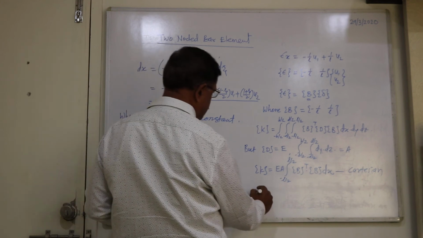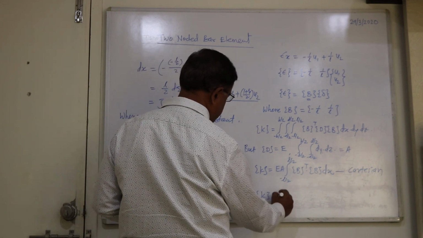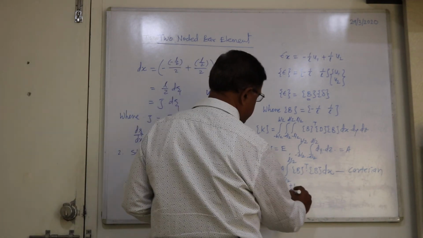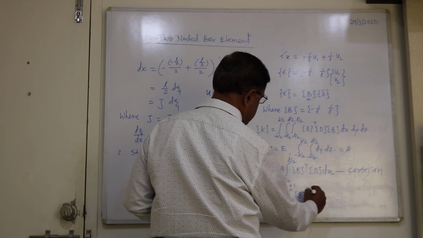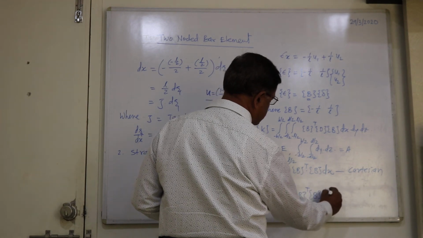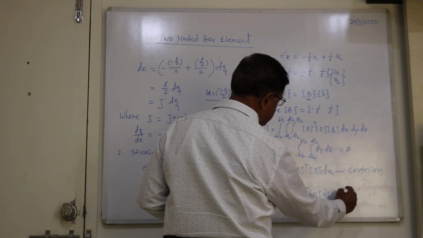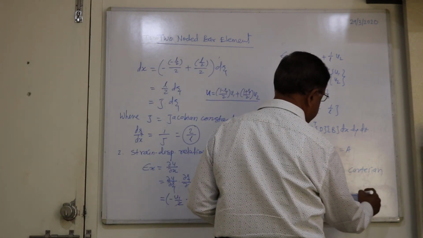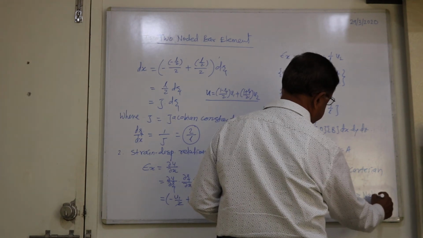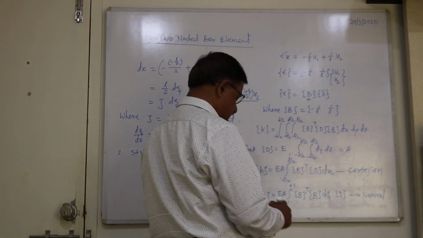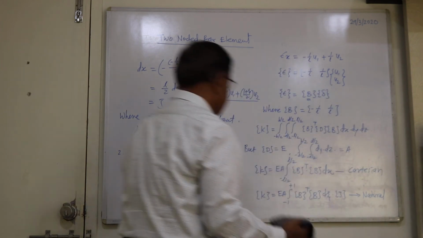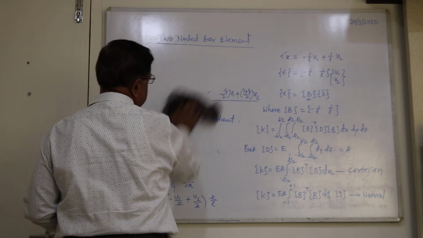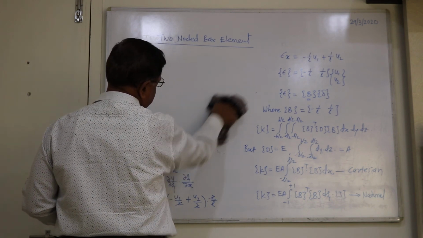So now in natural coordinate system, K is equal to EA, integration from -1 to +1, B transpose into B into dxi into J, where J is the Jacobian, a constant. Now we can easily find the element stiffness matrix for the 1D element in explicit form.